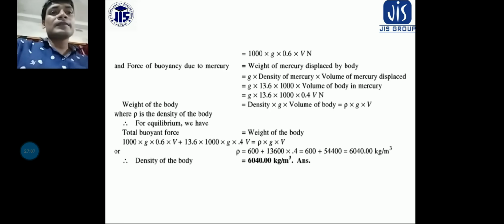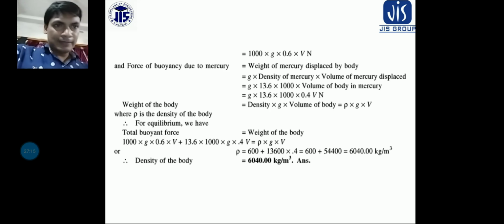Okay, so the weight of the body is equal to density into g into volume of the body, so rho g v. This rho is the density of the body. Now for equilibrium, the total buoyant force is equal to the weight of the body.